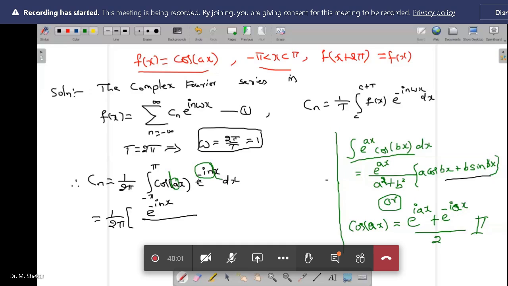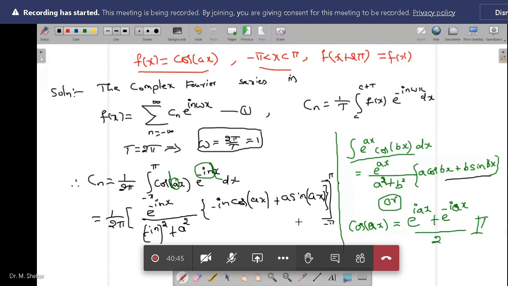So using e power ax into cos bx, this becomes 1 divided by a square, that is minus in whole square plus b square, that is a square, into a is again minus in cos bx, b is ax, plus b is a sin bx, that is ax, and limits from minus pi to pi.